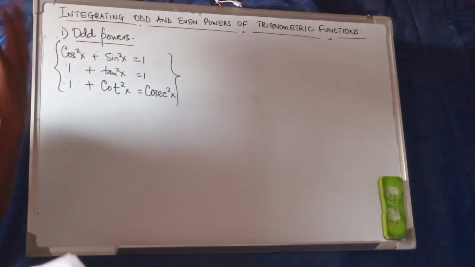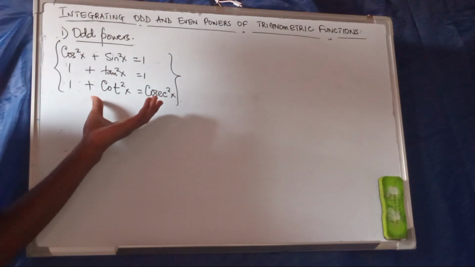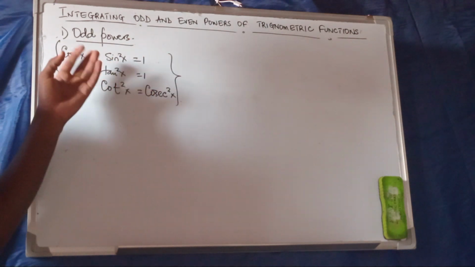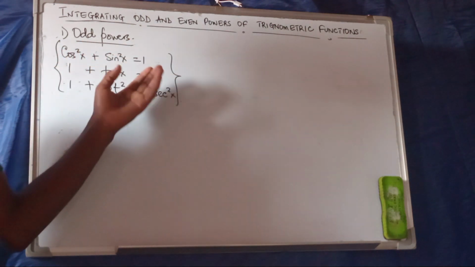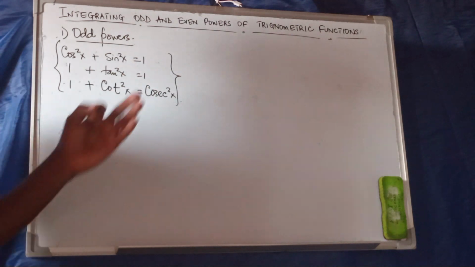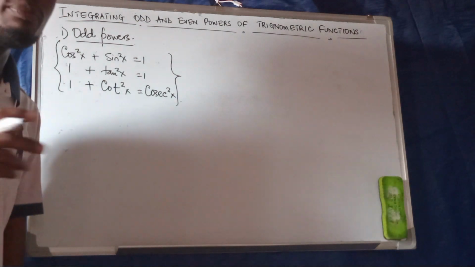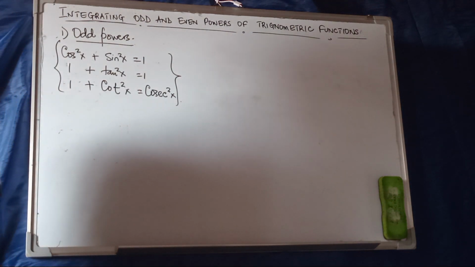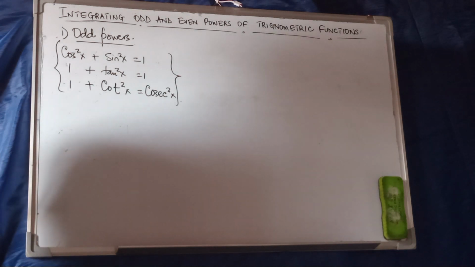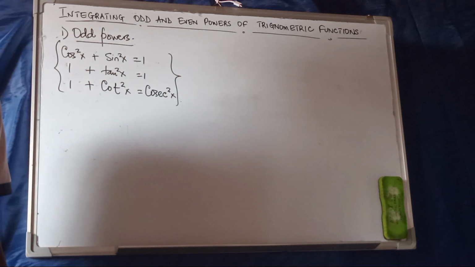As a mathematician, you need to be conversant with these three equations. Cos squared plus sine squared is equal to 1. All of them, all the three, because we always need them. So for example, here, when we have odd powers of a trigonometric function, we first split that trigonometric function with its power into a product of two functions, one with an even power and another one with an odd power.